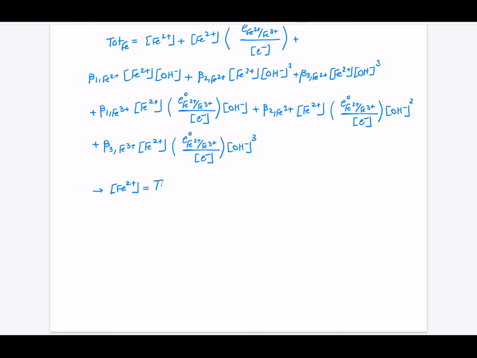So this would be total Fe divided by 1 plus a0 of electron, plus beta 1 Fe2 OH minus, plus beta 2 OH minus to the power of 2, and then the rest.